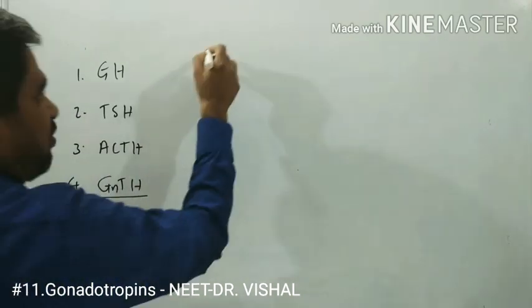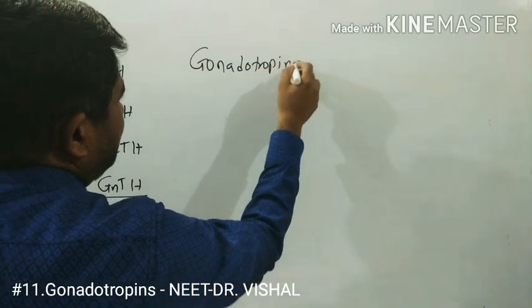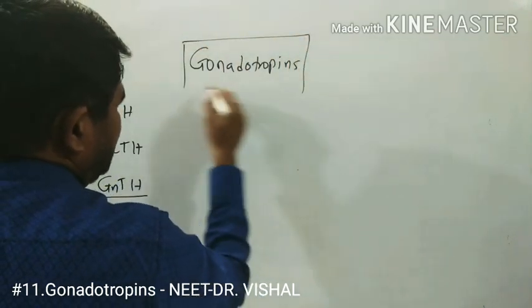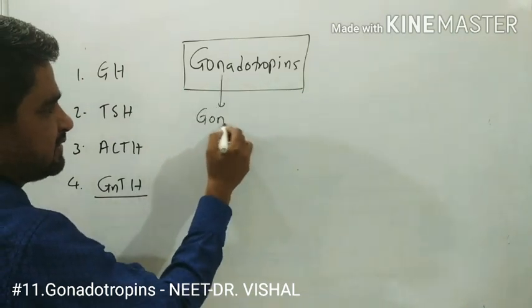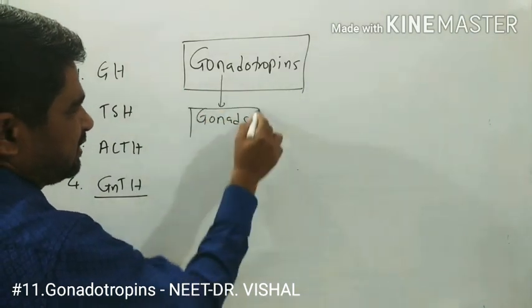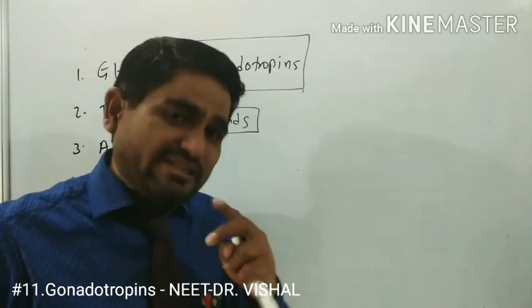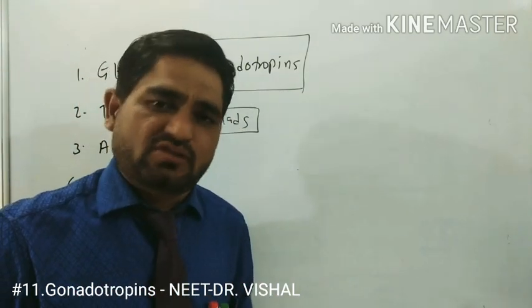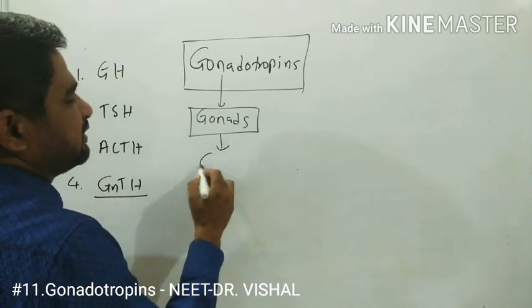So what are gonadotropic hormones or gonadotropins? In this term gonadotropins, there is a term called gonads. You know what gonads are? Gonads are called the primary sex organs of the animal body, and these gonads produce the gametes.